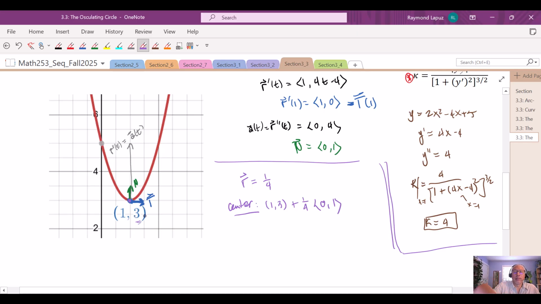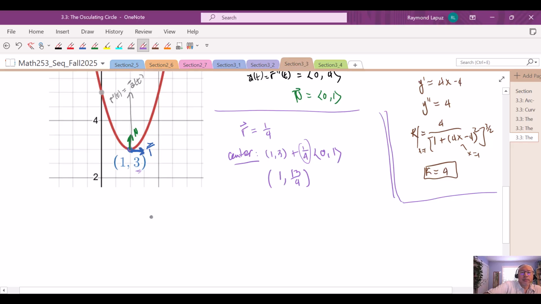But officially, you want to get to that point, and then add that normal vector scaled to whatever the radius is. So this is 1 comma 13/4, or 3.25 if you want. This is going to be the new center of the circle.